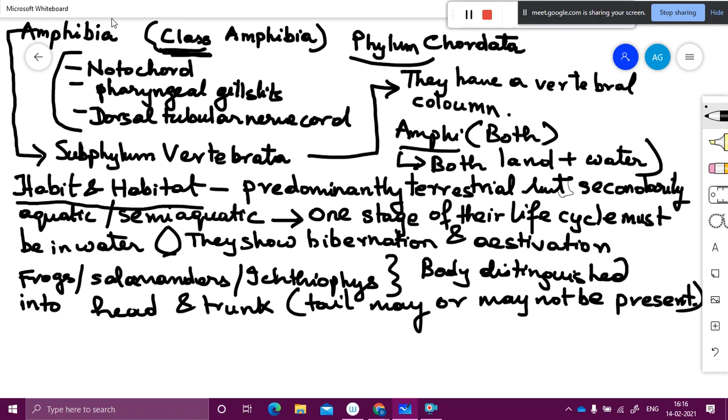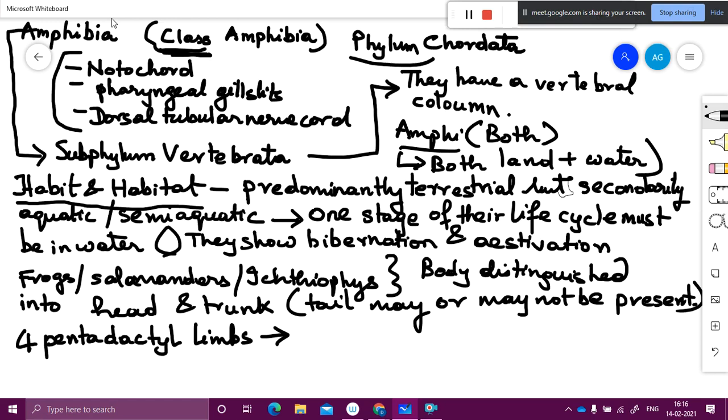This is one characteristic. Another very important characteristic is presence of four pentadactyl limbs. What does this mean?